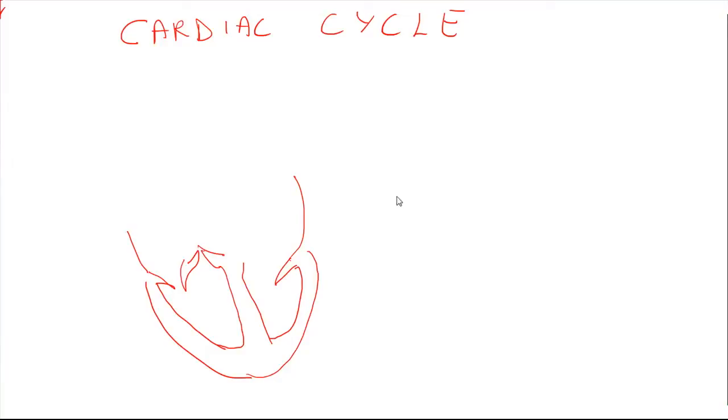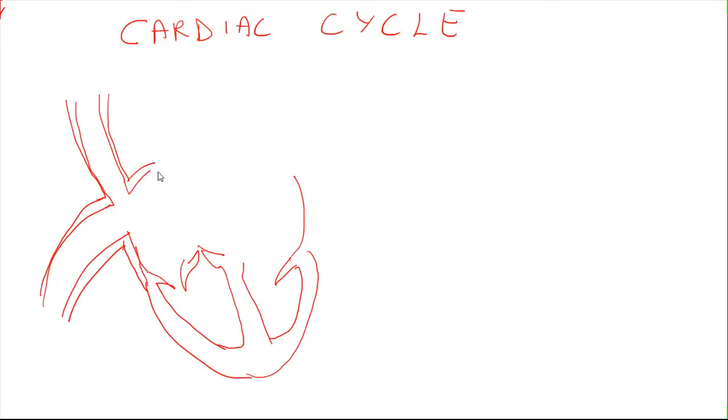One, the diastole, which is when all parts of the heart are relaxed to allow the flow of blood to come in. The second one, we said, was atrial systole, when the atria contract, left and right, to force blood into the ventricles.